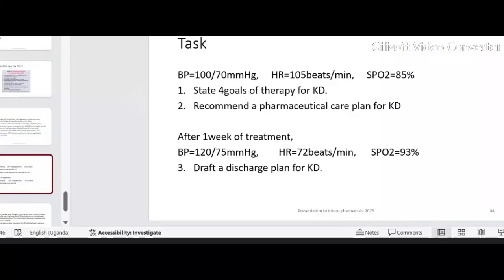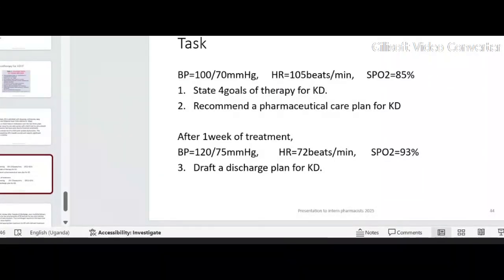If we calculate the MAP of this patient, what's the MAP of this patient? Who has done the MAP? Is it less than 65? What Daniel is asking is very important, because the only way you're going to know your patient is hypoperfusing, not having enough perfusion, is when you have a MAP less than 65.